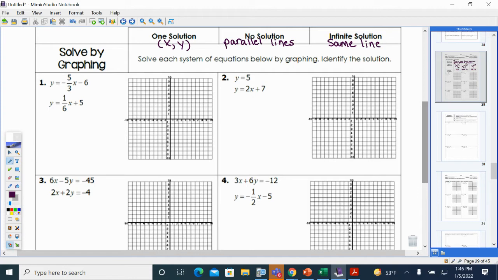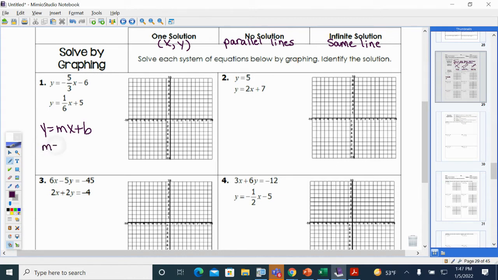So looking at example number 1, both equations are in the y equals mx plus b form. And again, that is slope intercept form. M is your slope. B is your y-intercept. So for the first equation, y equals negative 5/3 x minus 6.